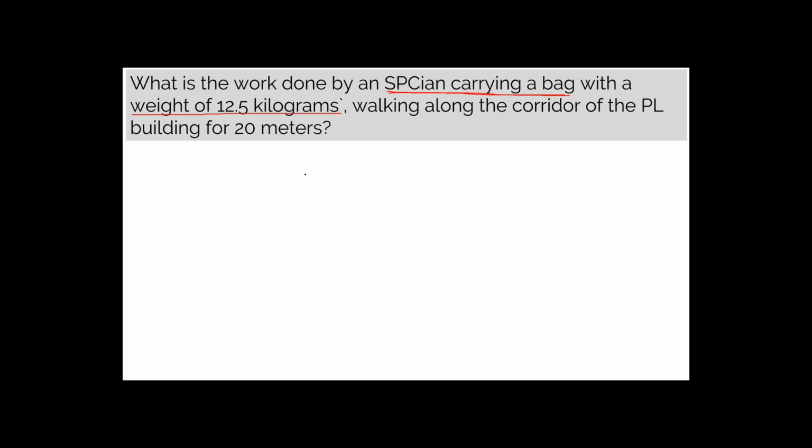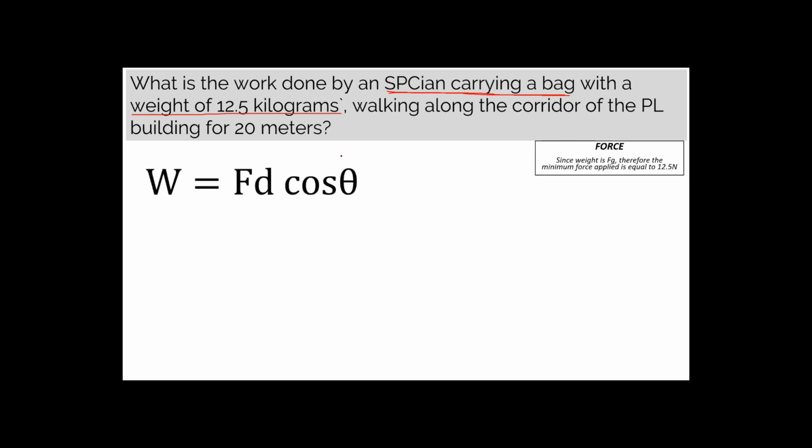So since the weight of the object is 12.5 kilogram, we can still remember during the topic on forces, the weight of the object is equal to force due to gravity.